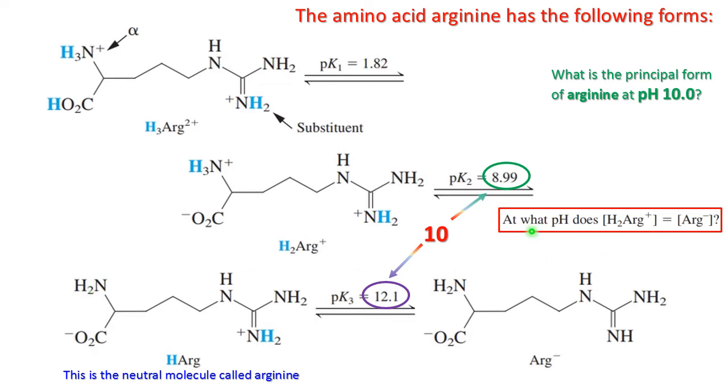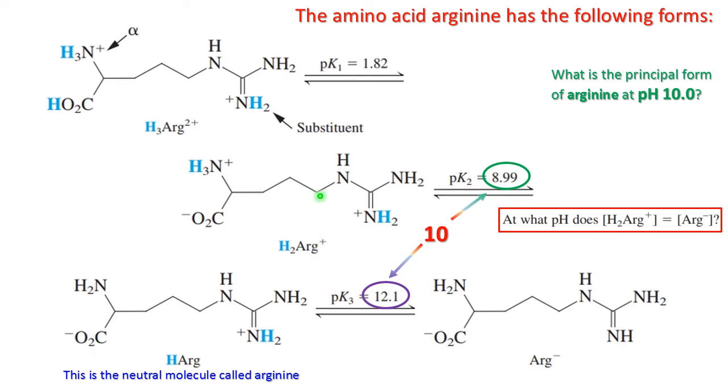Next question. At what pH does H2R plus equal Rg minus? When we have equal concentrations of this and this, it's the condition of maximum of the intermediate form.